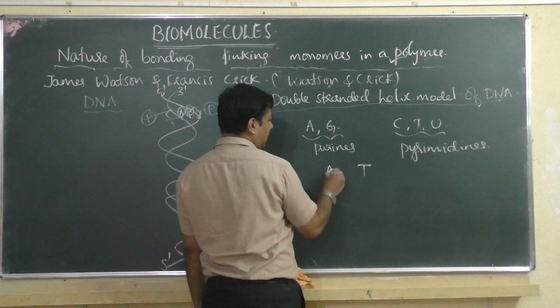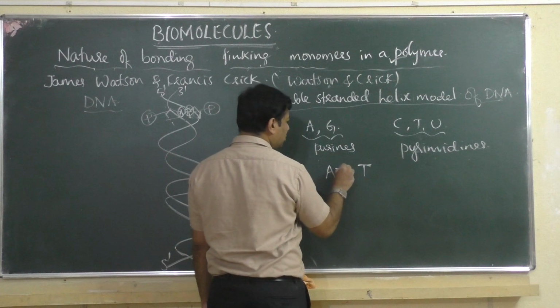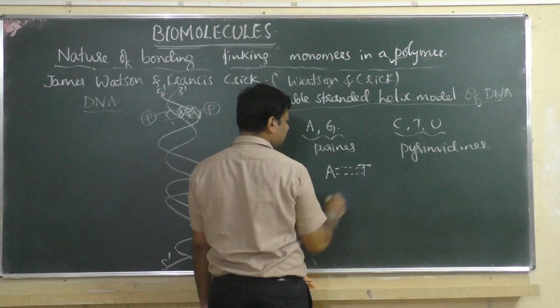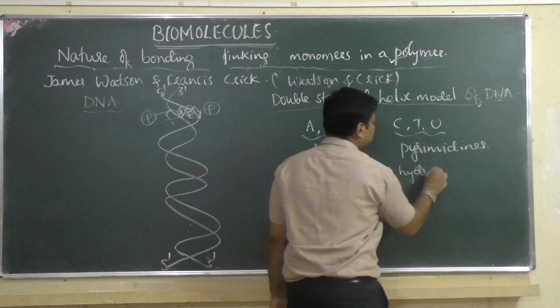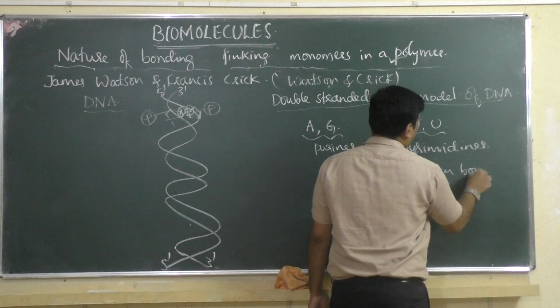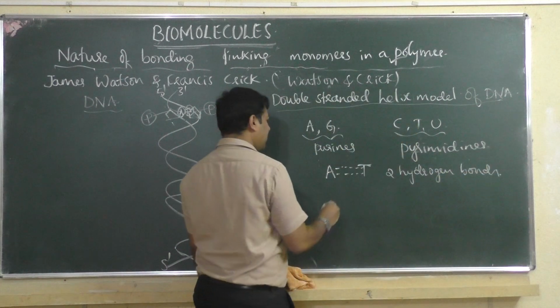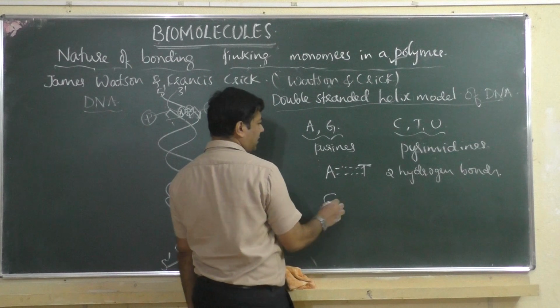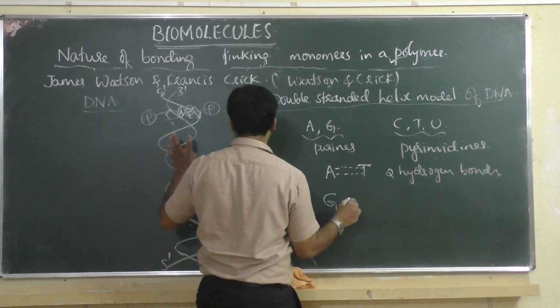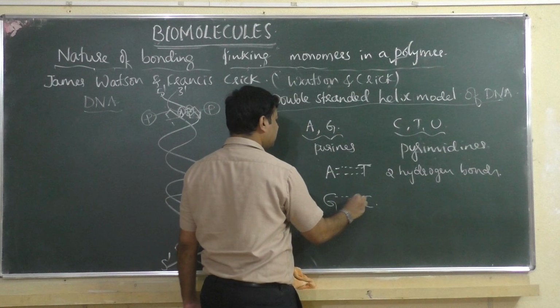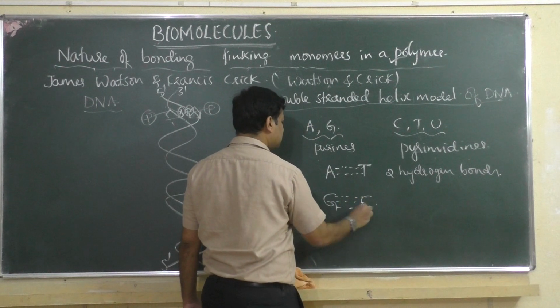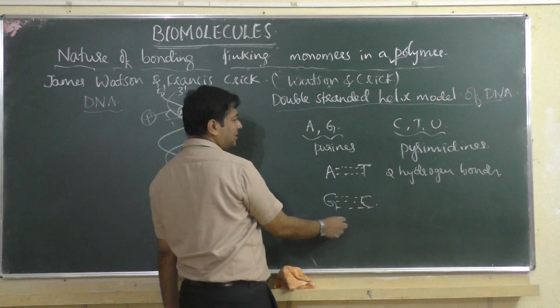And A and T will have two hydrogen bonds. And when G comes on one strand, on one thread, on the opposite side there will be C or vice versa, and it will have 3 hydrogen bonds, a triple bond. This is a double bond, this is a triple bond.